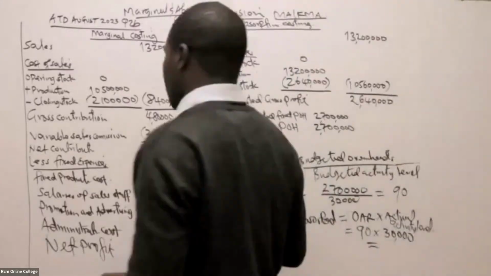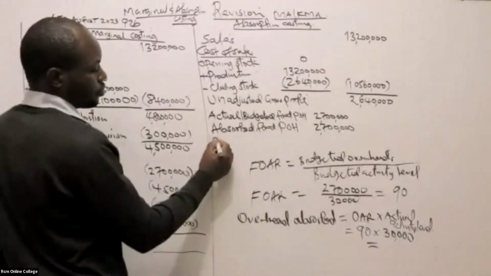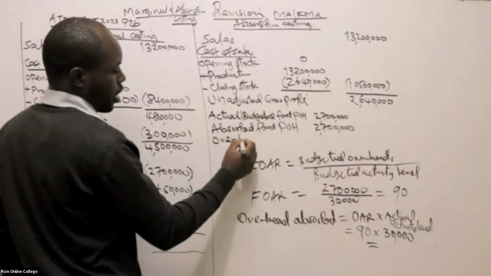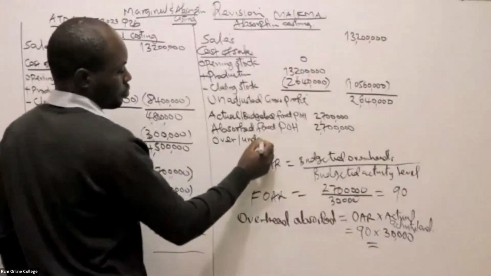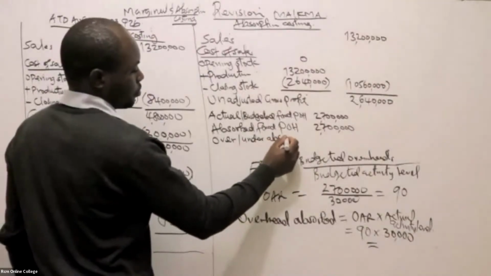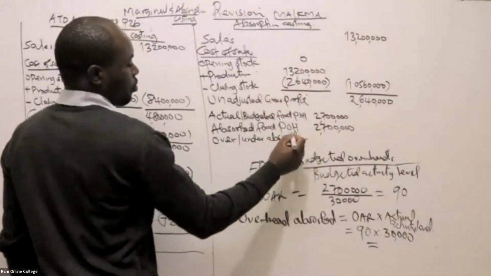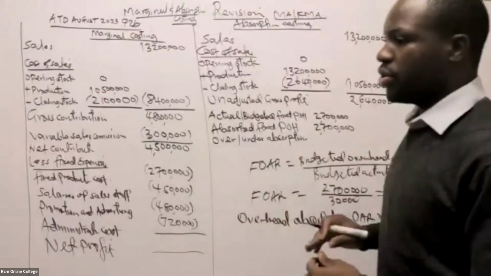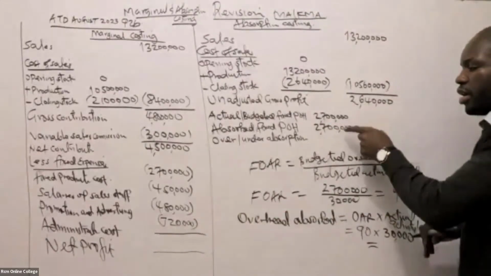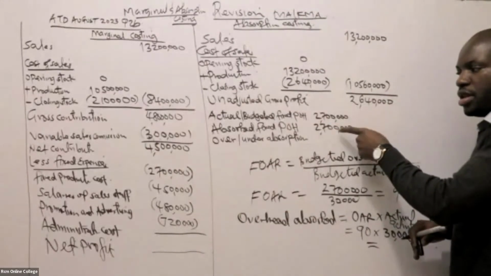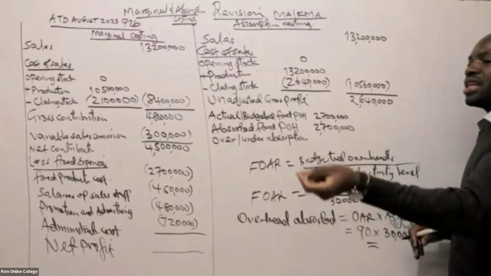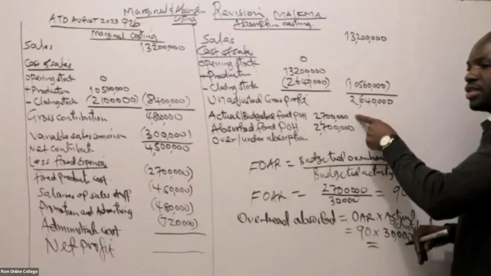So we now come here and talk about over stroke under absorption. If we add over absorption, it means the expense that was incurred or absorbed is greater than the real expense.